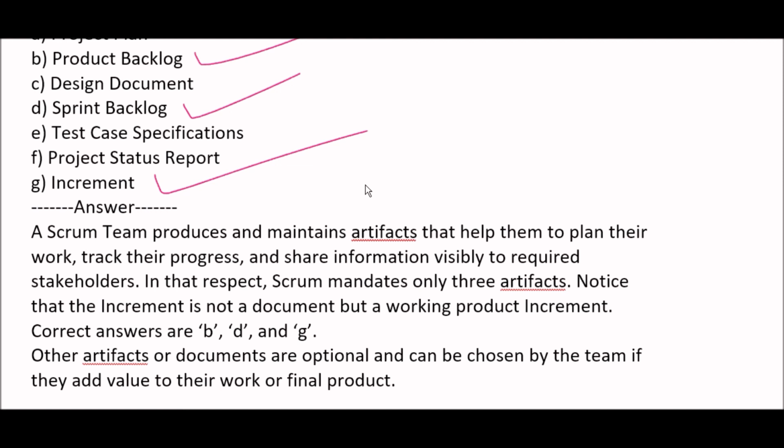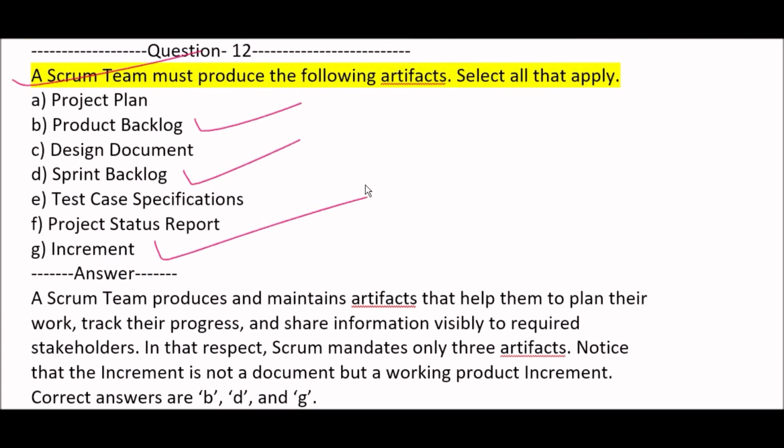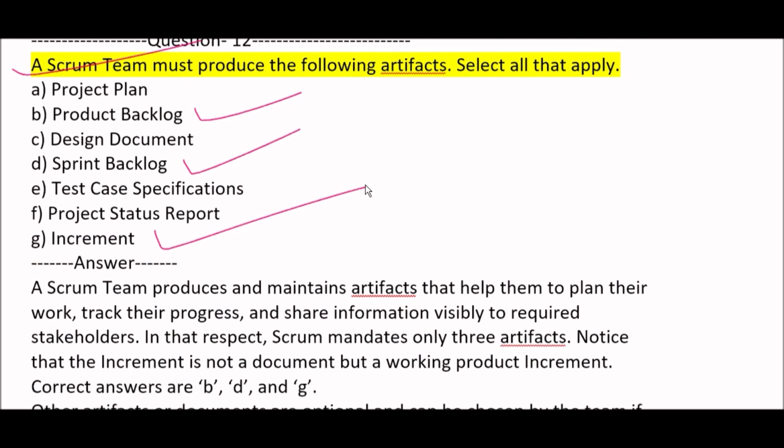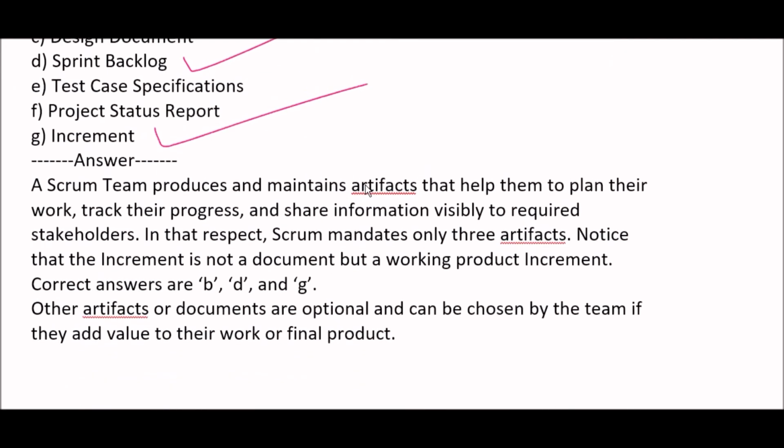Okay, and they are product backlog, second one sprint backlog and third one increment, because notice that increment is not a document but a working product increment. That's why correct answer here is B, D and G, and other artifacts or documents are optional and can be chosen by the team if they want to add value to their work or final product.